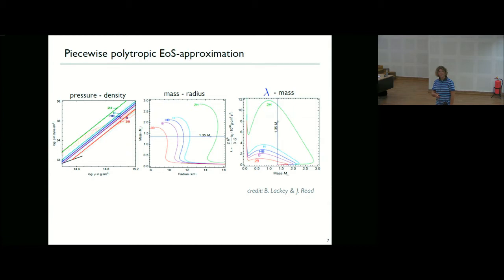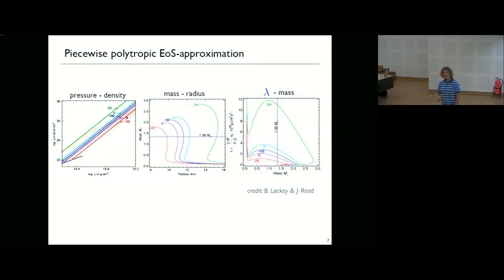And so you see here, translated from pressure-density to the mass-radius curves, the stiff ones have high radius for a given mass, and also high maximum masses; the soft ones have lower.